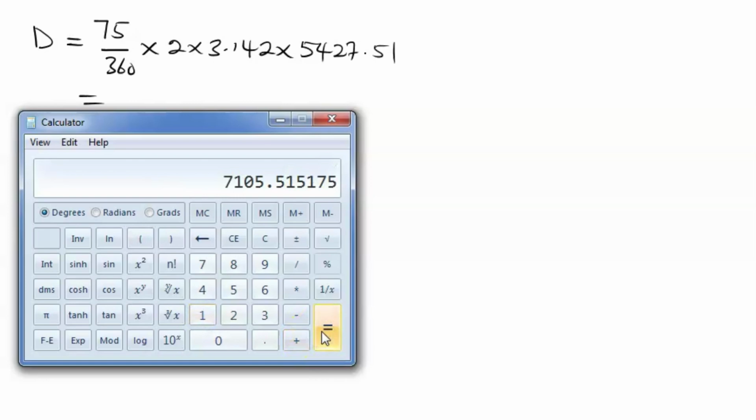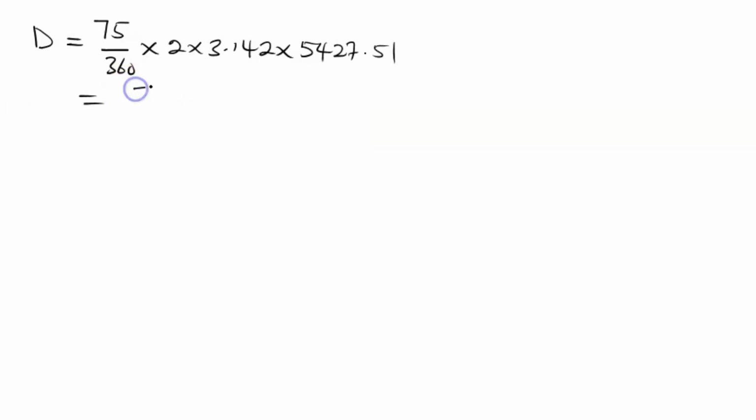And our answer is 7105.52. So we have 7105.52 kilometers as the distance along the parallel of latitude, as we are told to do.